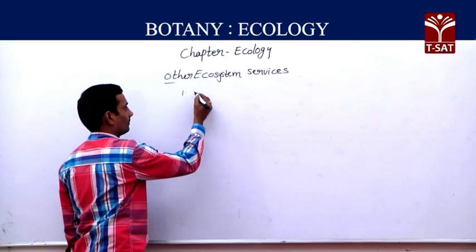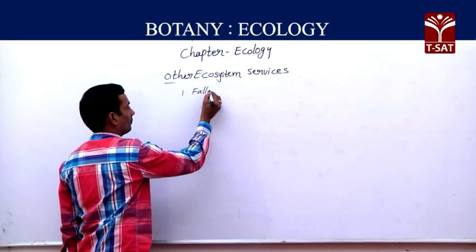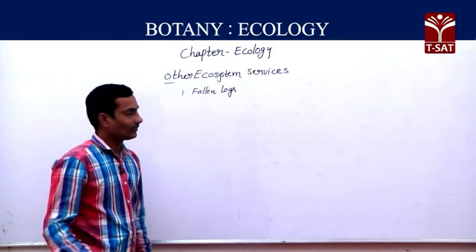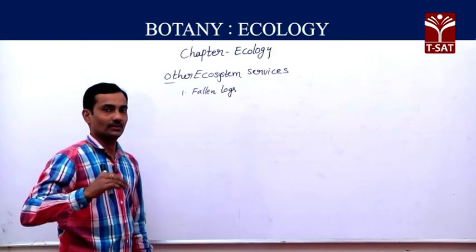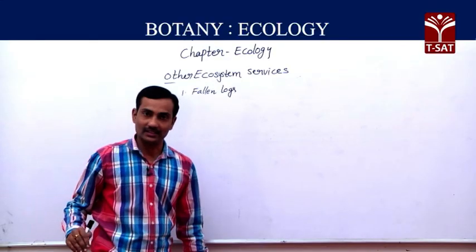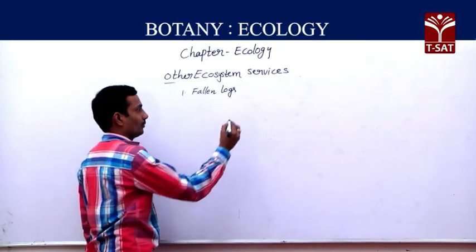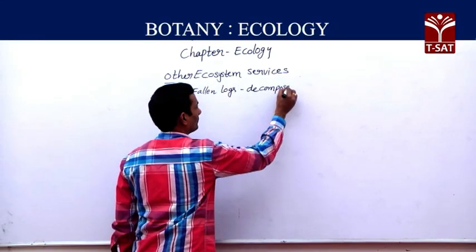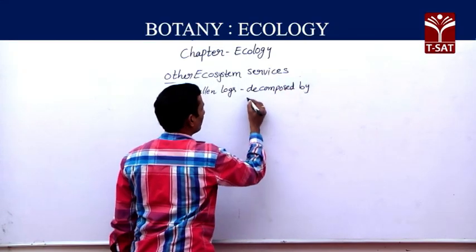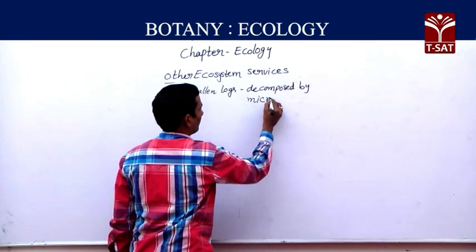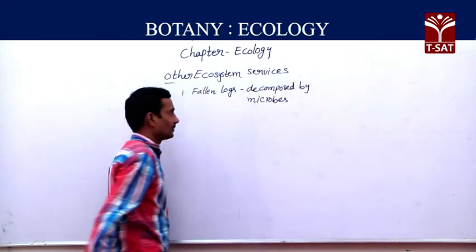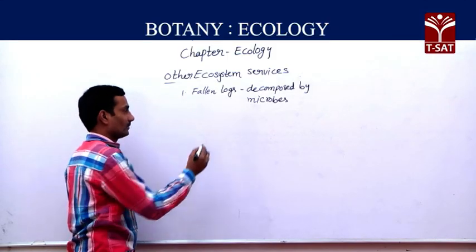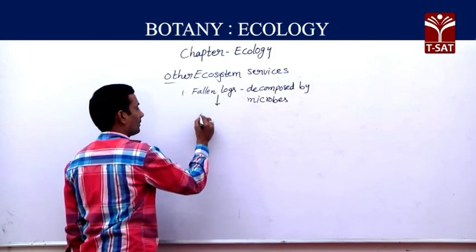Other ecosystem services play a vital role in the ecosystem. For example, fallen logs and fallen plant materials are decomposed by microbes. If they are decomposed by microbes, what happens?